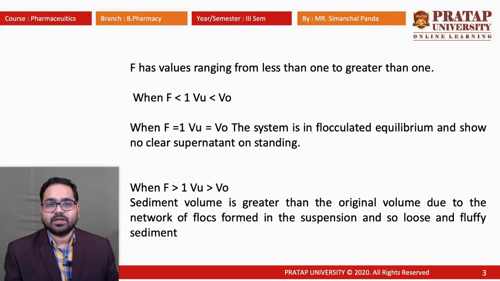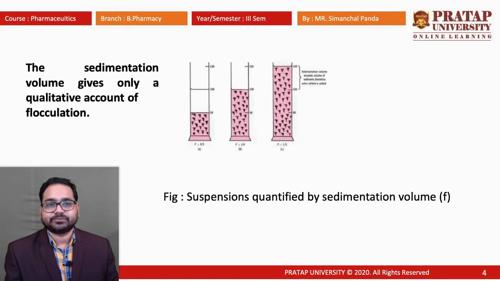So the stability is best when the F value is 1. When F is more than 1 and Vu is more than V0, the sedimentation volume is greater than the original volume due to the network of flocs formed in the suspension, and so the sediment is loose and fluffy.